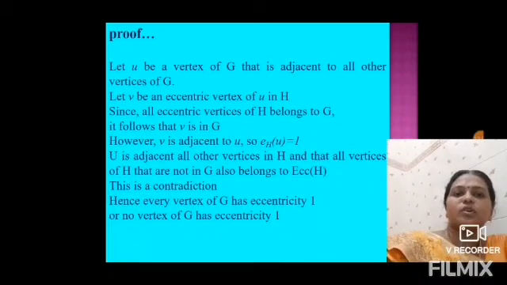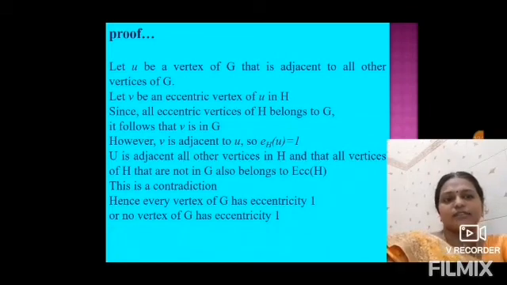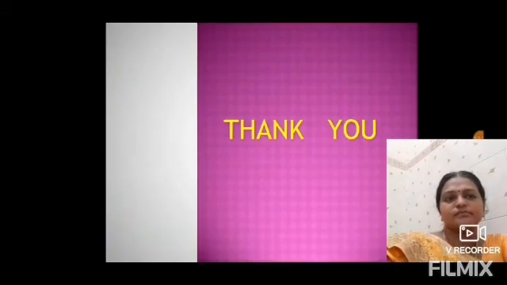U is adjacent to all other vertices in H, and all vertices of H that are not in G also belong to ECC of H. This is a contradiction. Hence, every vertex of G has eccentricity 1 or no vertex of G has eccentricity 1. Thank you.